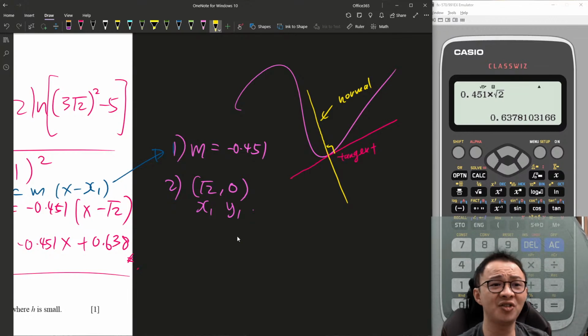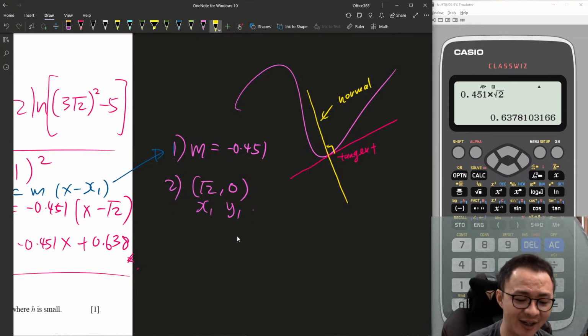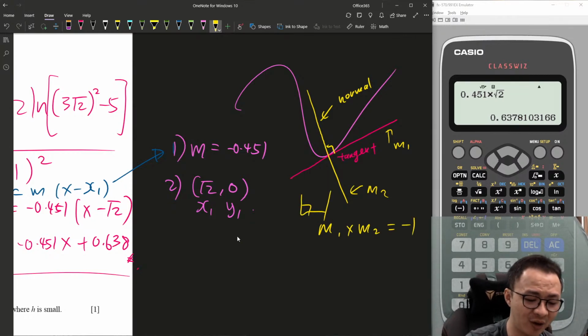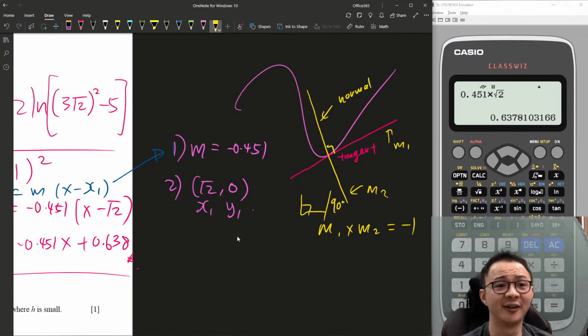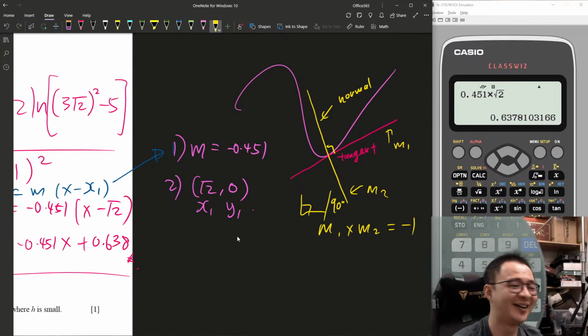Since the relationship between both lines is 90 degrees, the tangent will give you m1 and the normal will give you the second gradient. First gradient multiplied by second gradient must be negative 1 when they are perpendicular, or 90 degrees to each other. I hope I answered your question.